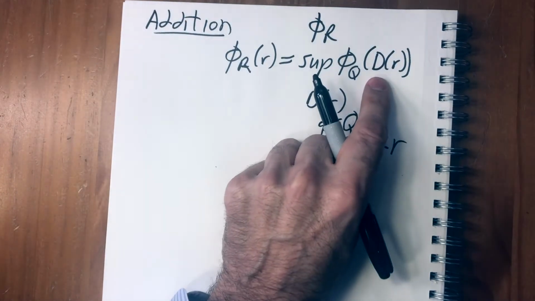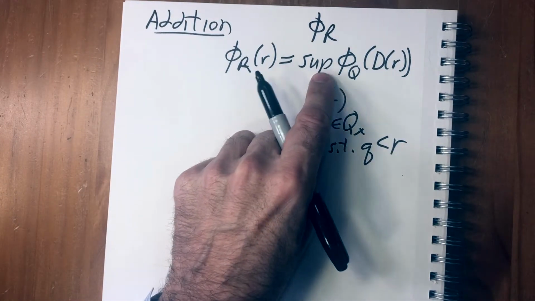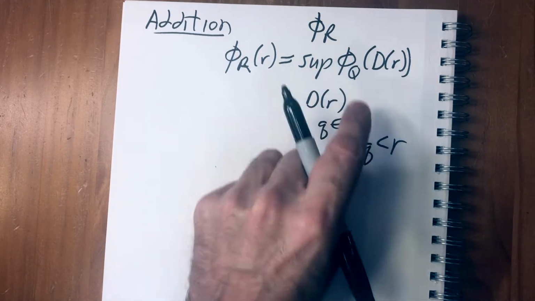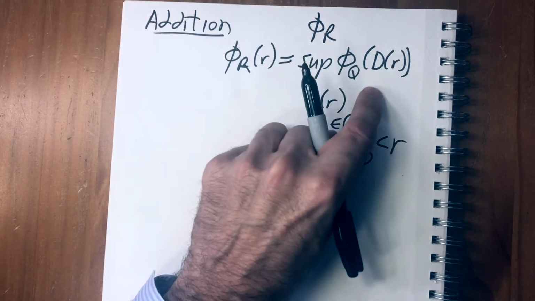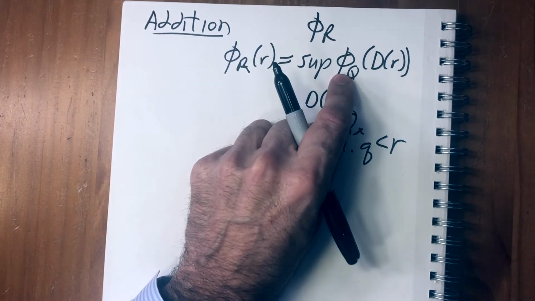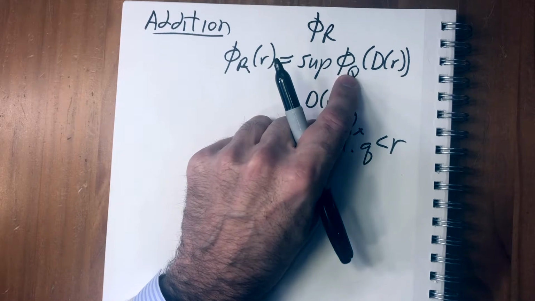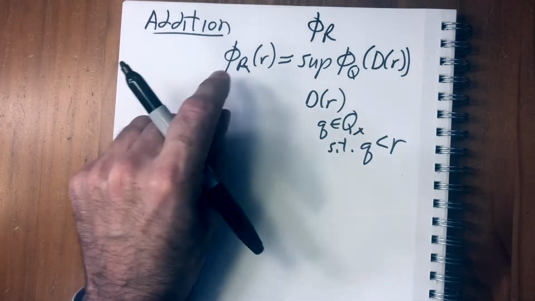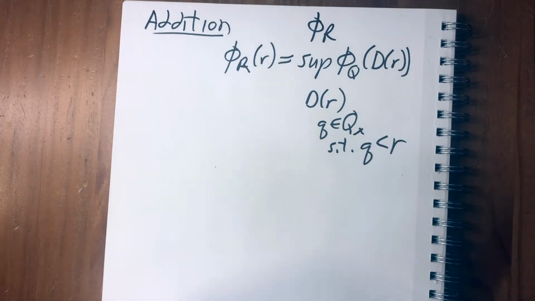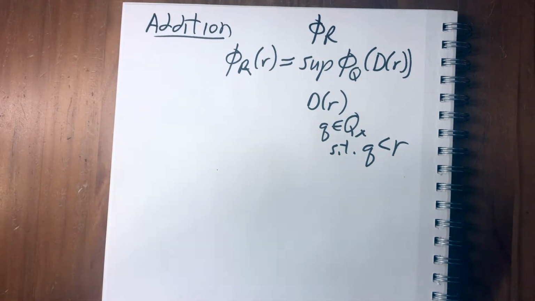So this is basically a Dedekind cut, and we're taking the supremum. We take all of the rational elements that are less than r, send each one of them to its mapped rational number in y, and then take the supremum of that set, and that is what phi r maps r to.